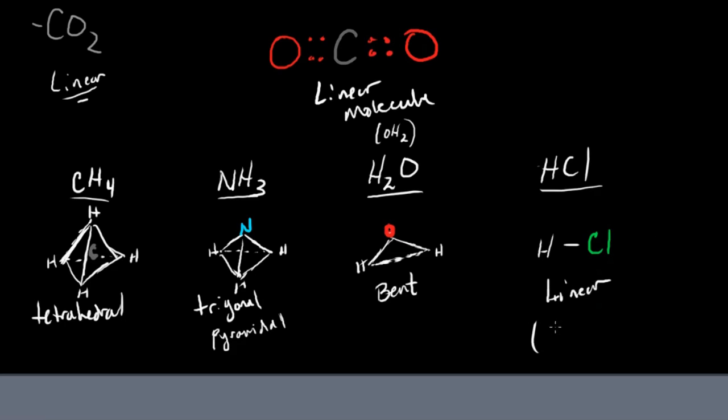And we are also given CO2, which is also linear. Okay. Those are the basic shapes. We will get more into these later at another lecture. Yeah, so that's our basic VSEPR theory.